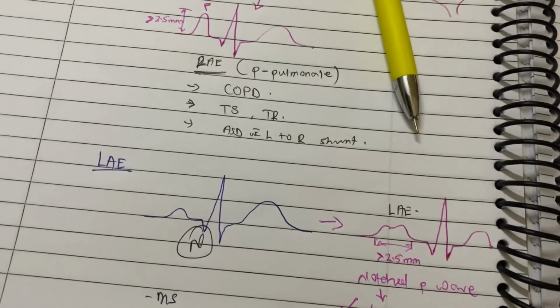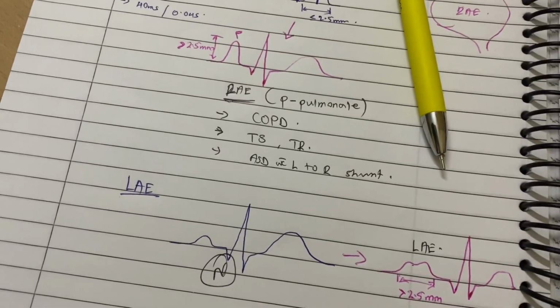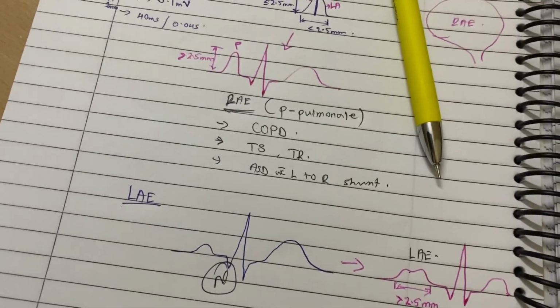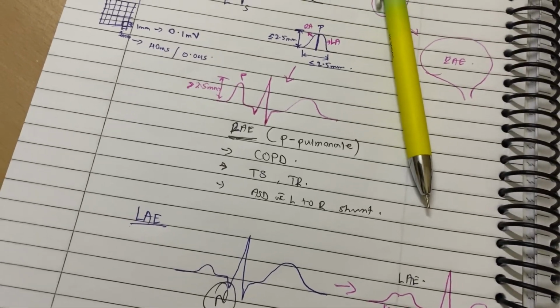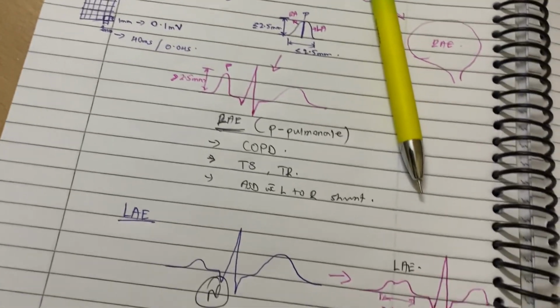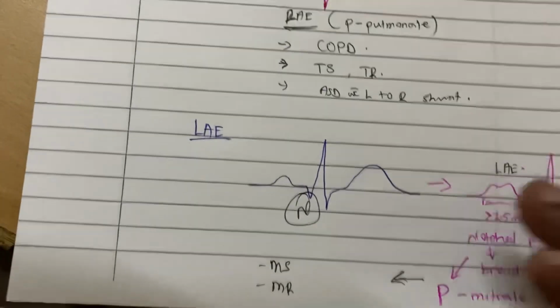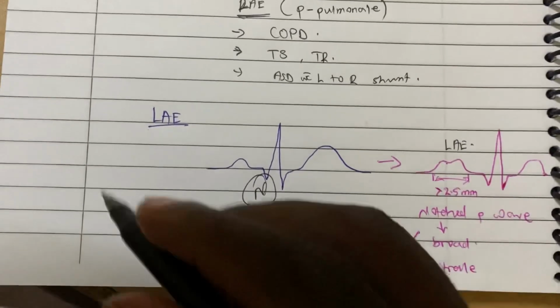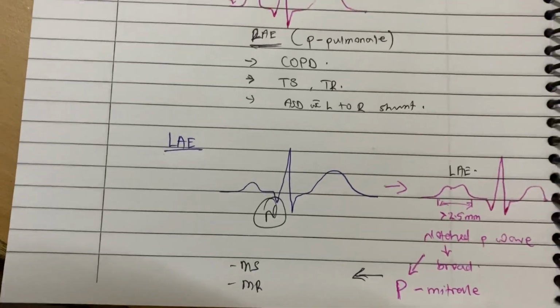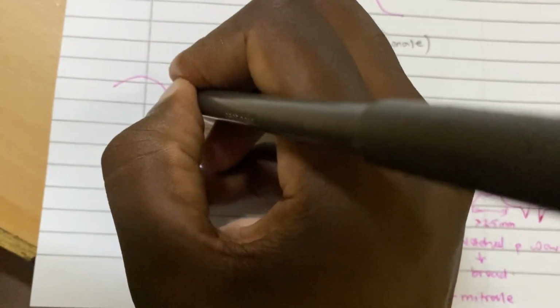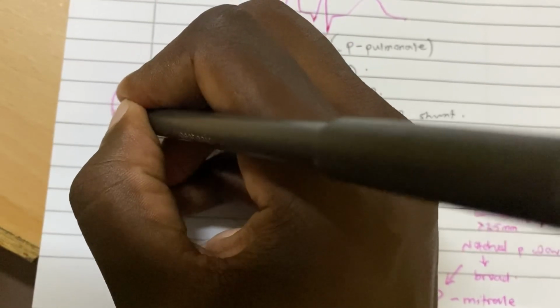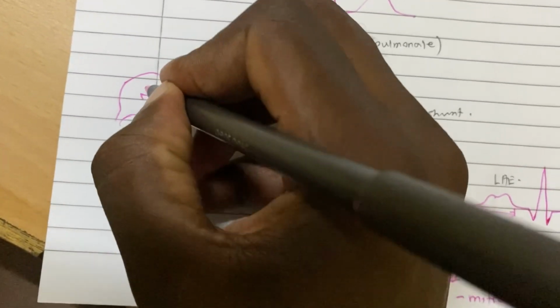So before we go, let's look at this normal, the normal variants. It will appear like, for example, if I'm to draw, this is the normal LAE.